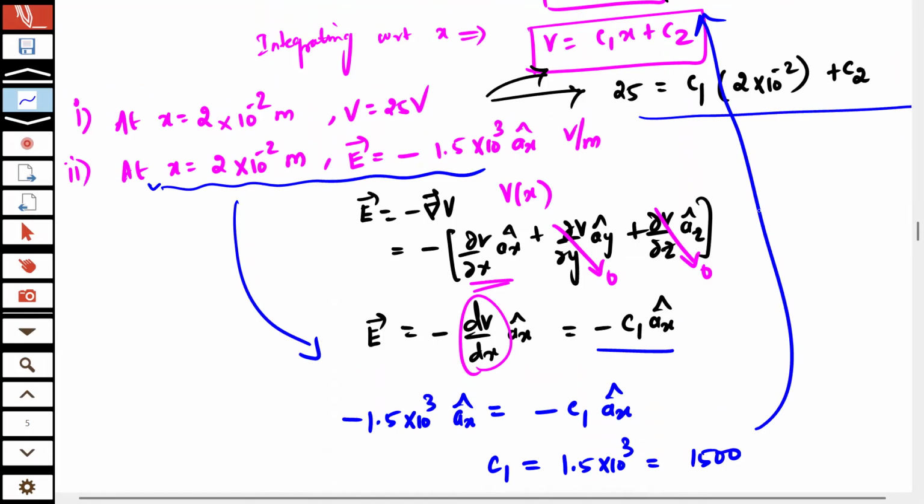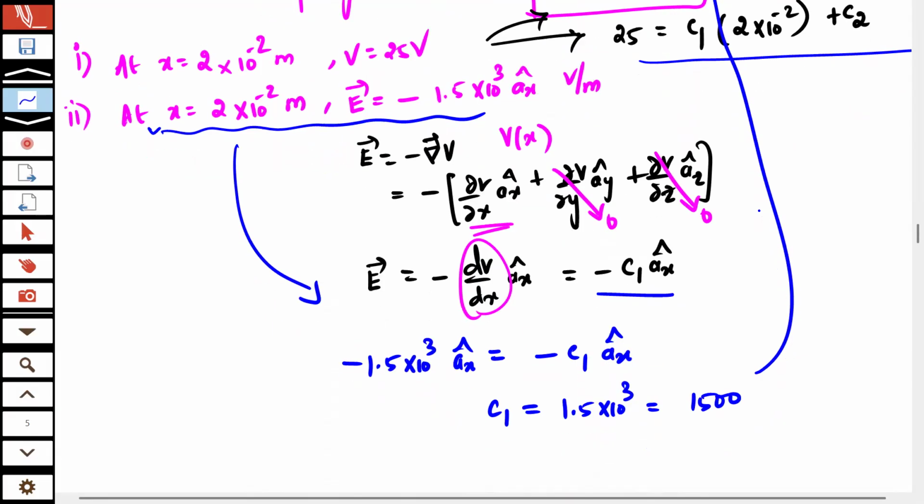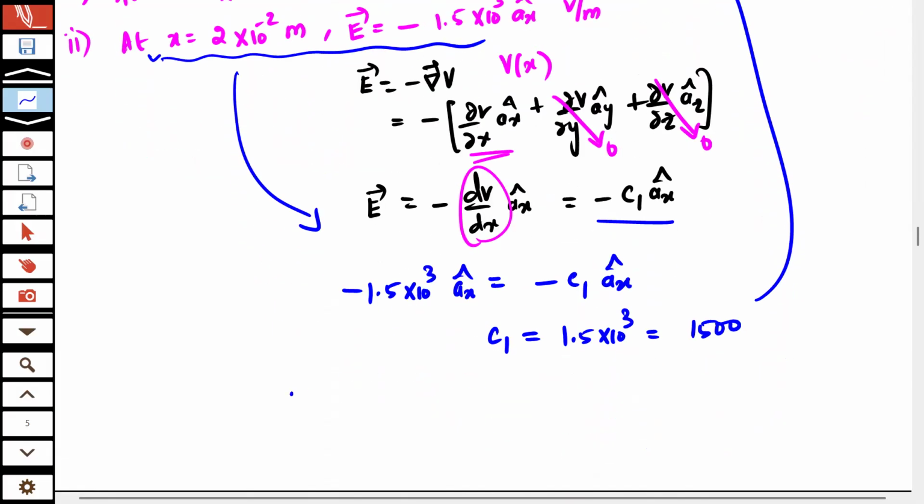So 25 equals to c1 into 2 centimeter plus c2. So I will be rewriting that 25 equals to c1 into 2 centimeter plus c2. Now applying the c1 value, which is 1500 in this expression, we will be getting c2.